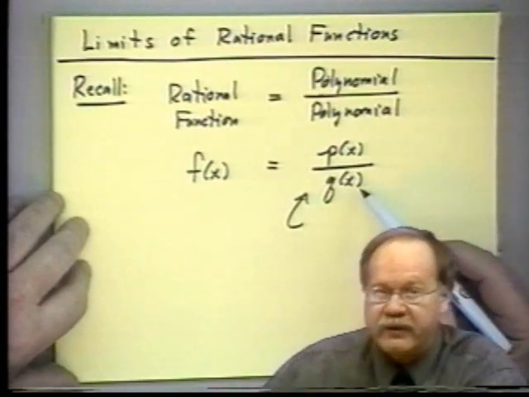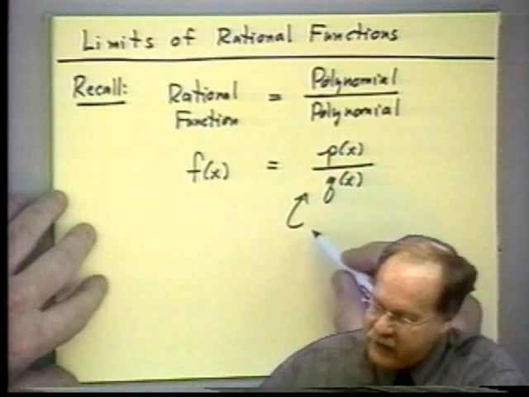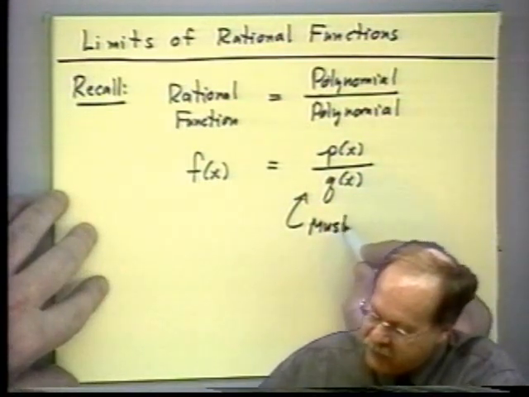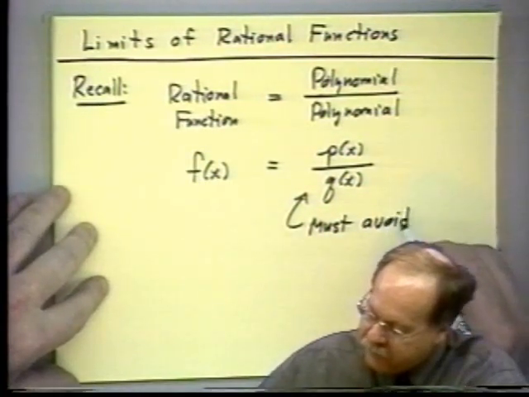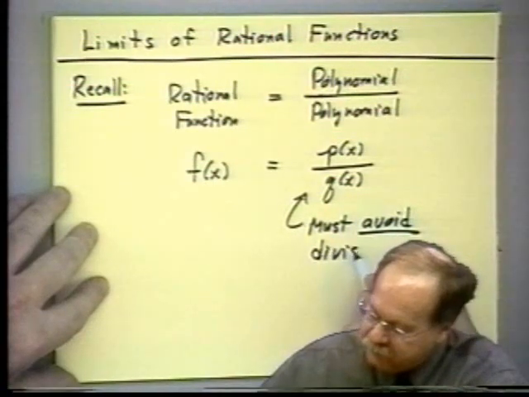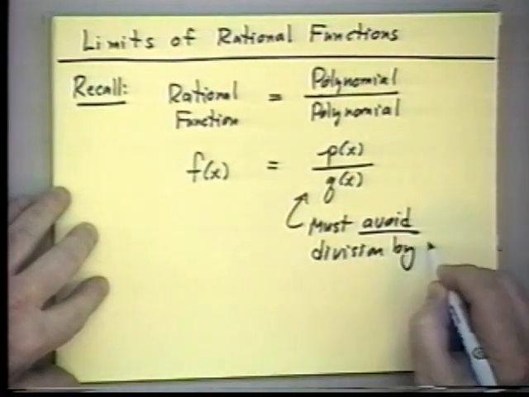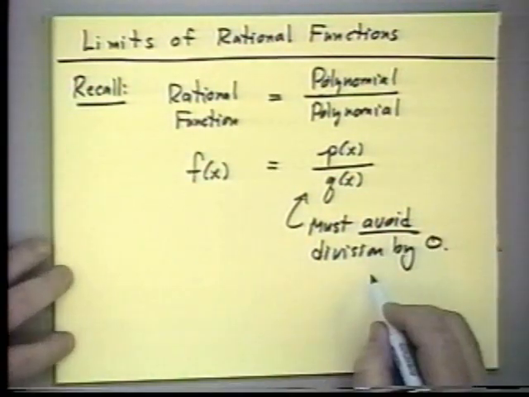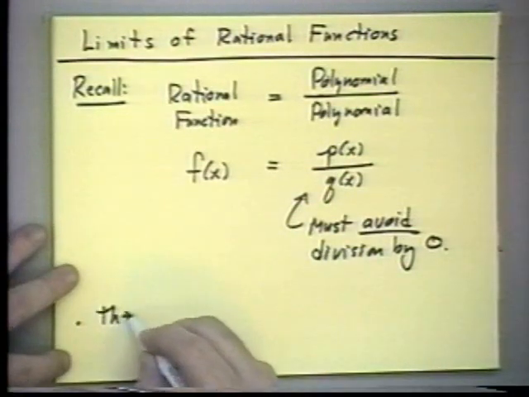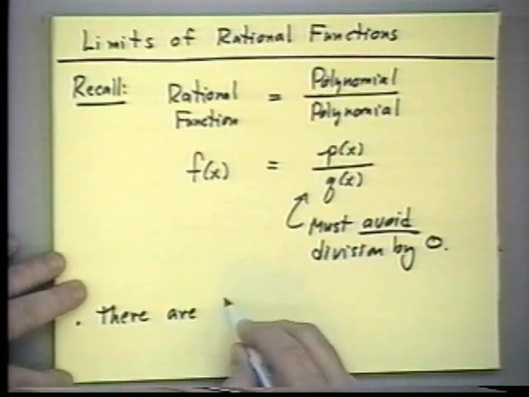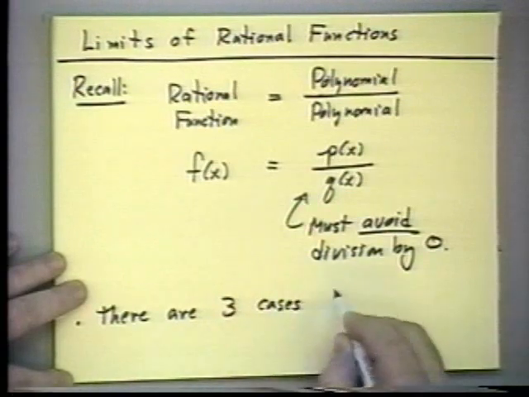What I learned about polynomials probably has some bearing on rational functions and limits. Also, because a rational function does have a division, I need to be aware of division by 0. So I must avoid division by 0. And that's something I need to keep in mind. There will be 3 cases to consider here.